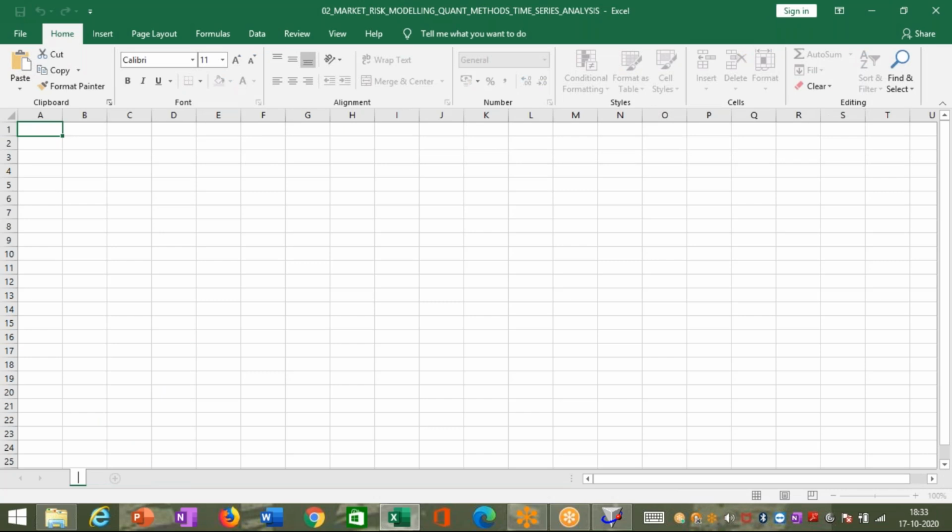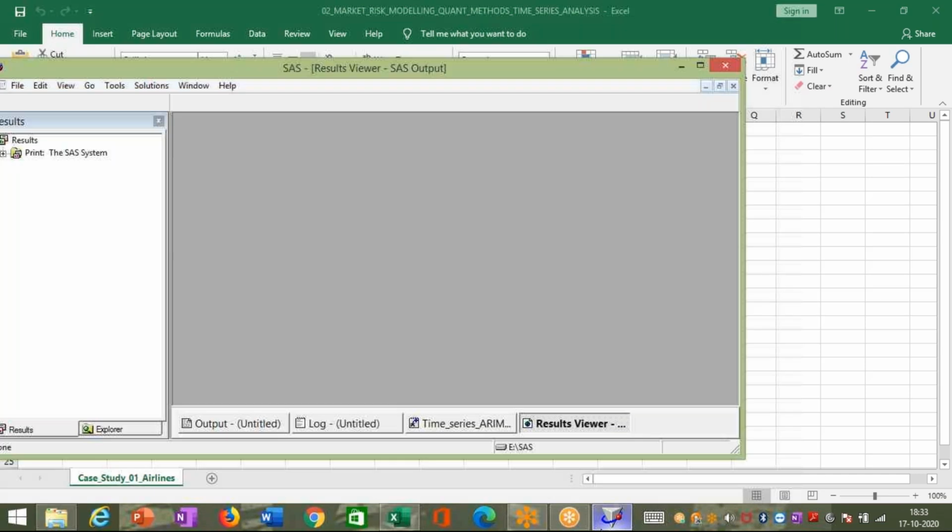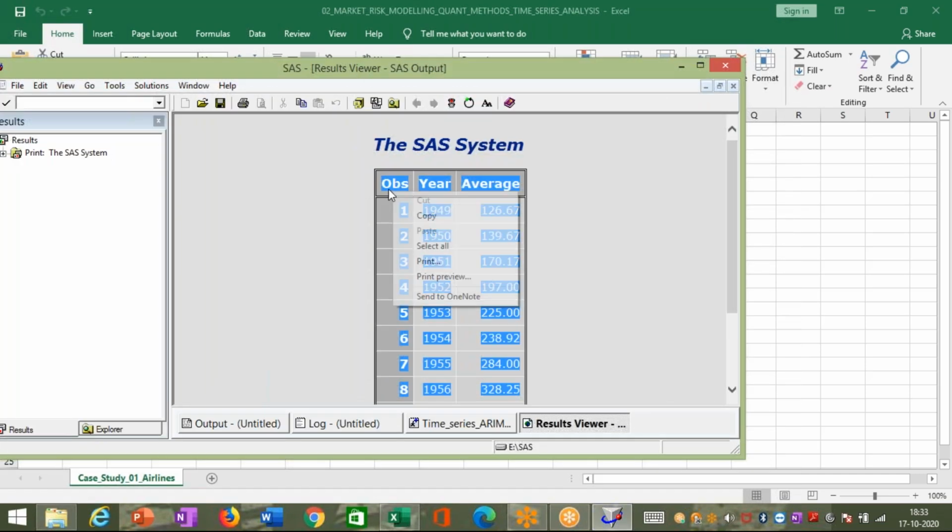I'll put the case study one over here. This is the airline case. What we'll do is we'll copy this exercise.